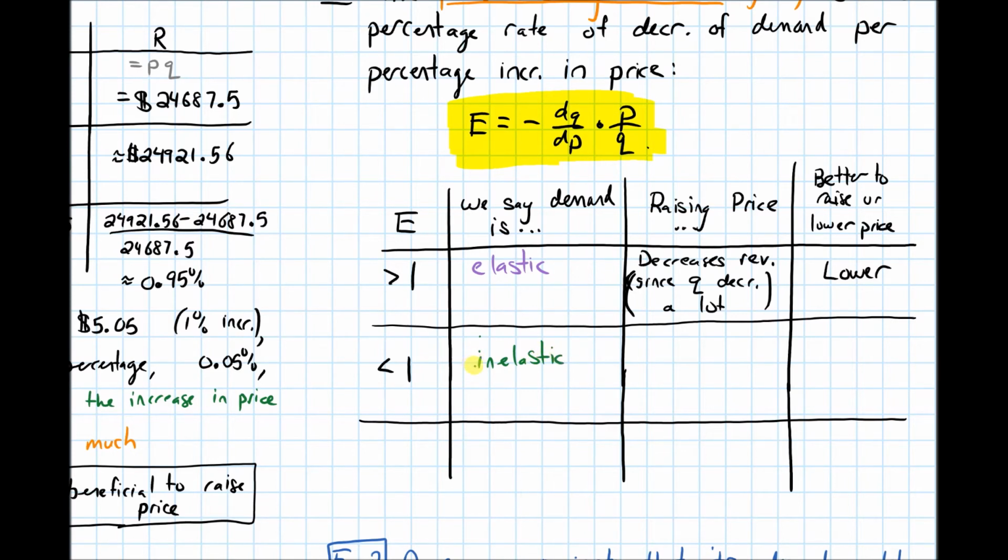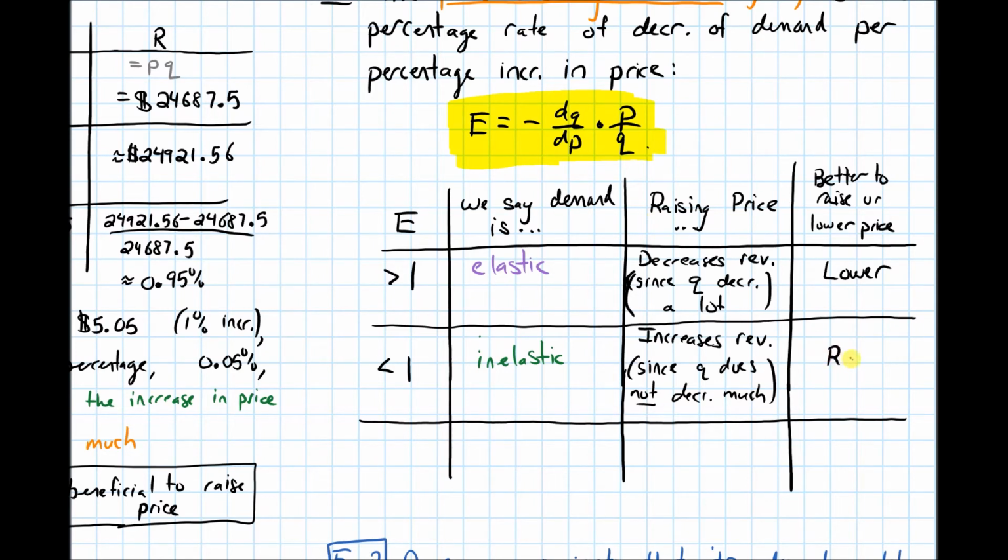So here, when we raise the price, that increases the revenue, since Q does not decrease much. As a percentage, it doesn't decrease as much as the price would have increased. So there it is going to be better to raise the price. If we raise the price, we are going to raise the revenue when our demand is inelastic with respect to price.